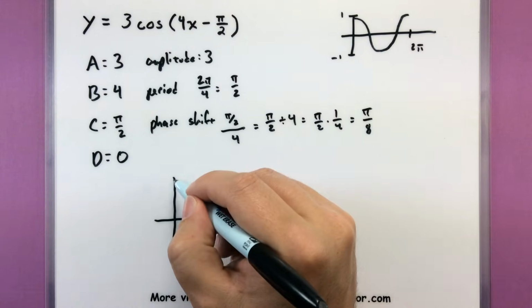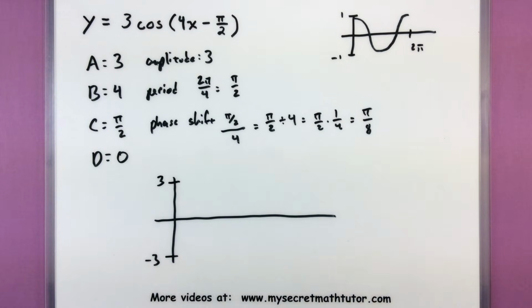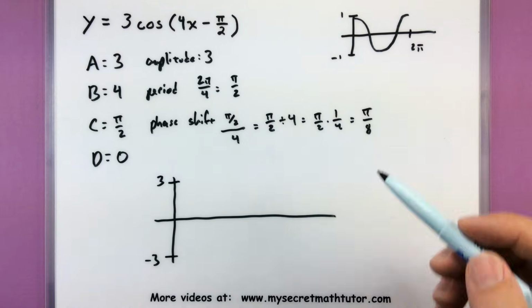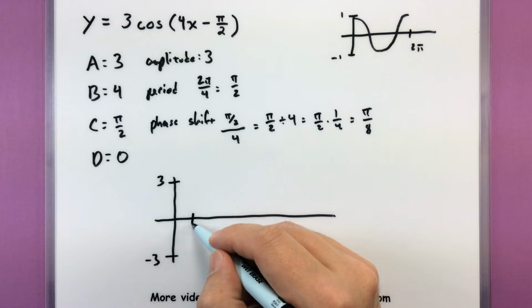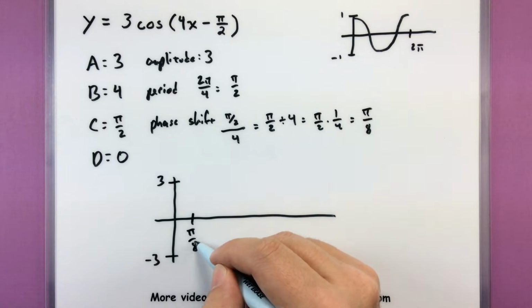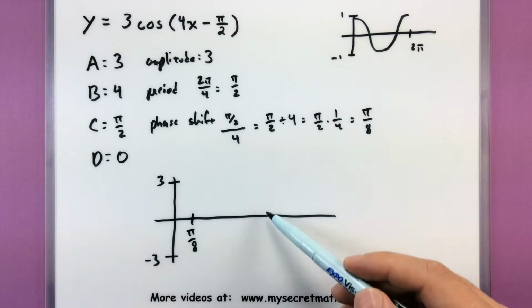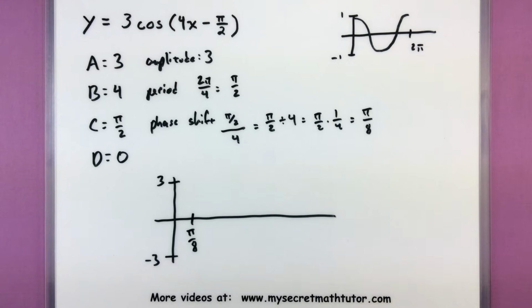Amplitude is 3, so I know it'll reach a peak at 3 and a valley at -3. That's nice. It'll make one complete cycle at pi over 2, but if I want to start drawing what these periods look like, I'm going to draw my first period starting at pi over 8. So I'm thinking of the basic shape of cosine. I need to know where I can show this period stopping.